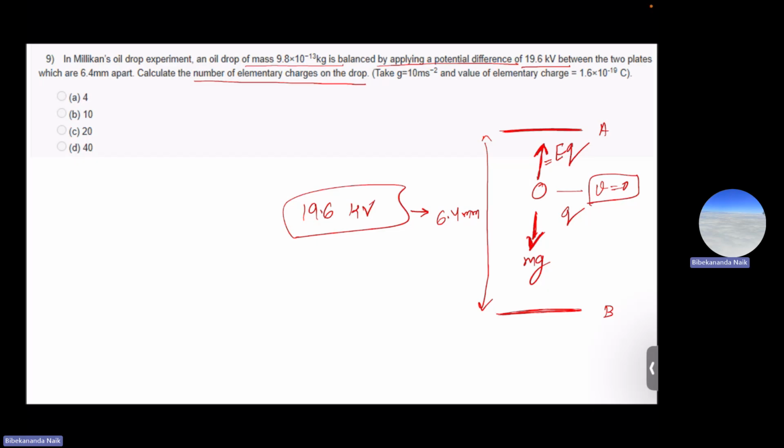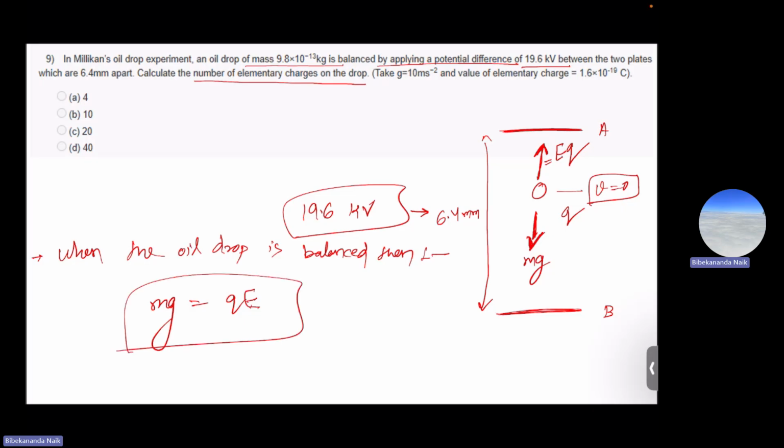So what we can say, when the oil drop is balanced, then mg equals qE.